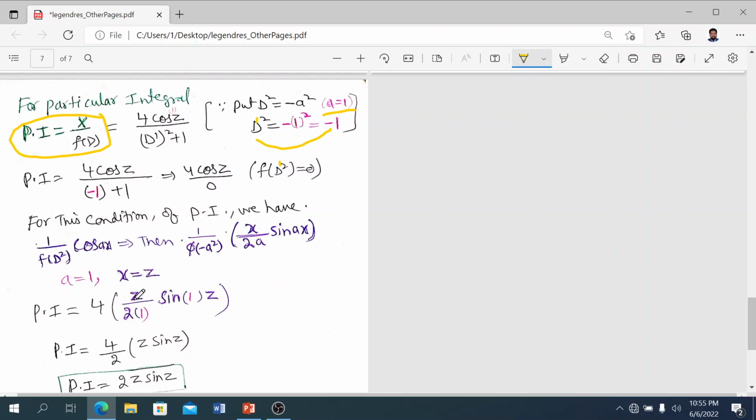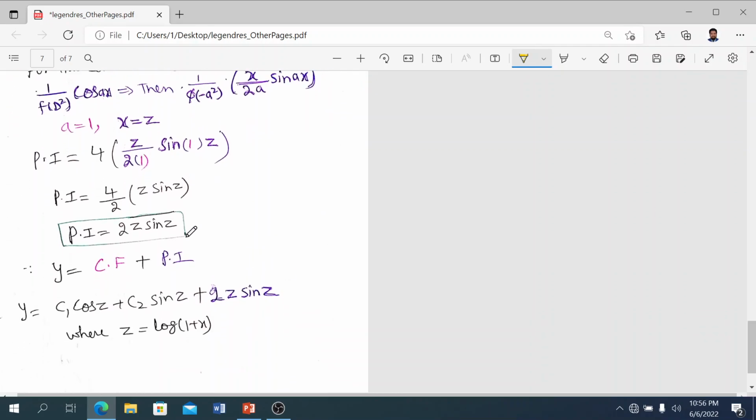X means here z, 2a means 2. Sin ax is sin 1z. So 4 by 2 z sin z. This 4 by 2 cancels, so we get 2z sin z.